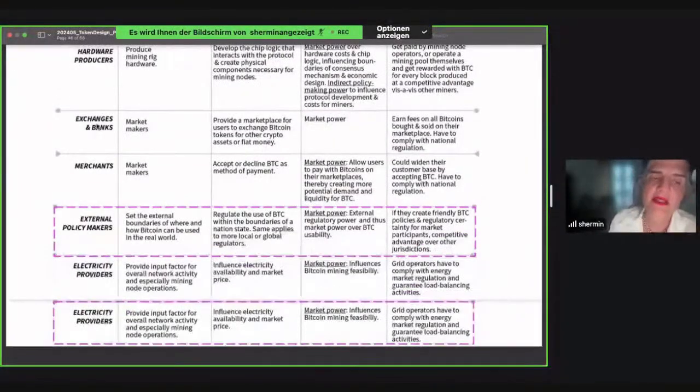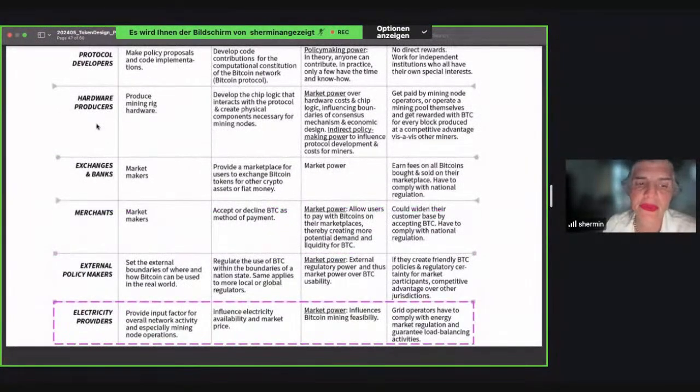Electricity providers, very similar to hardware producers, provide an input factor for the overall network activity, especially mining. They influence the electricity availability and the market price, and therefore also the profitability of Bitcoin mining. Here two factors are important.